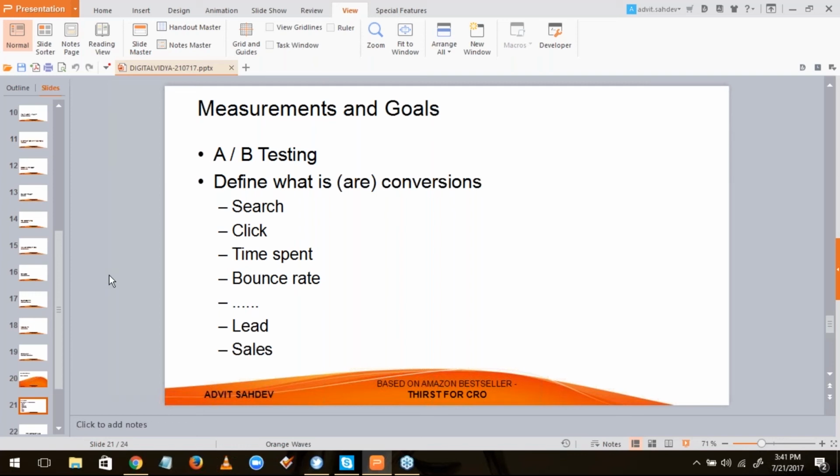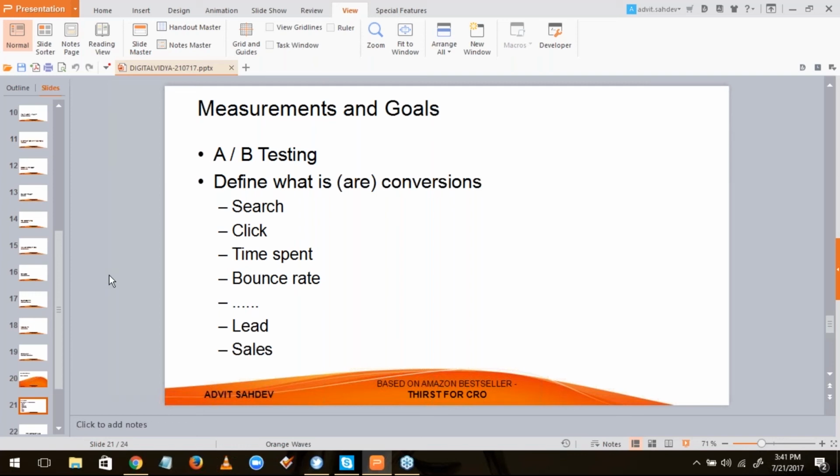Now I take up the next set. I say that in the inquiry form, should I keep 3 fields or 4 fields for the user to fill? With 3 fields, the conversion rate is 2.5%. Let me put 4 fields. When I put 4 fields, the conversion rate comes down to 2.3%. So I say no, I will continue with 3 fields because that gives me a higher conversion. Then that optimization is done.